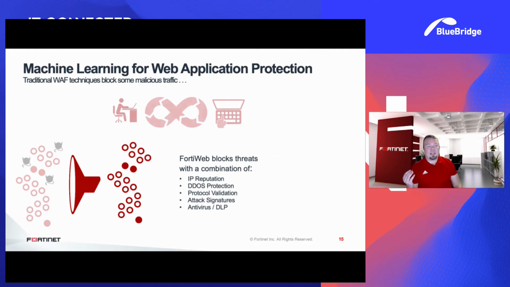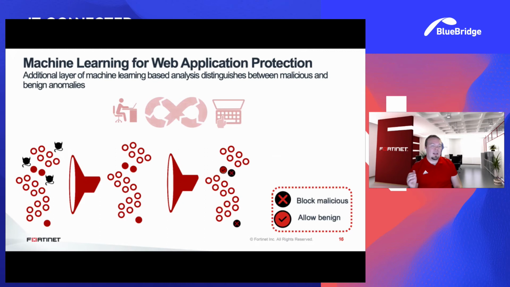But on top of that, there is still stuff that we are not sure about, whether it is malicious or not. So there's a second layer of filtration where we identify the bad stuff, and that gets blocked, and good stuff goes through. If you have some benign cases, those will go through because those are not bad things.